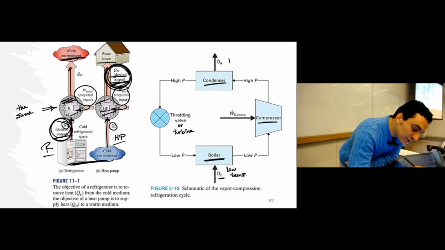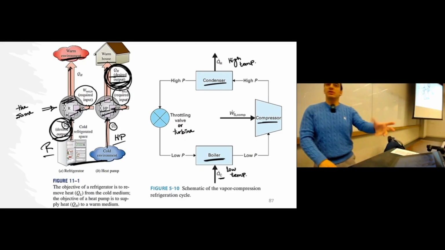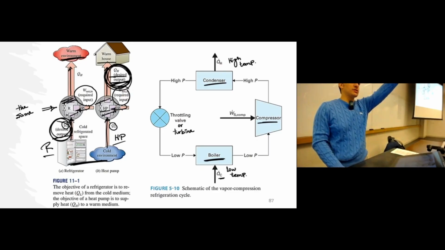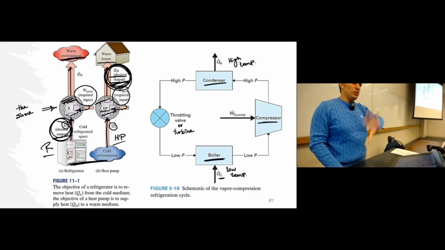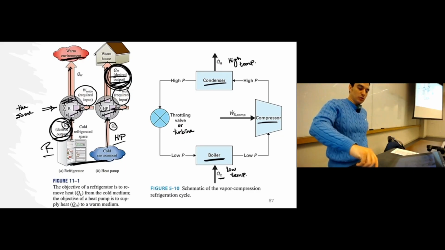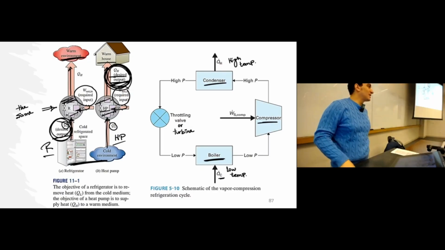But the condenser is operating at high temperature. And this is one of the differences between refrigerators and power cycles. In power cycles, we have boilers at high temperature and condensers at low temperature. Here we are flipping it. The boiler operates at low temperature, and the condenser operates at high temperature.